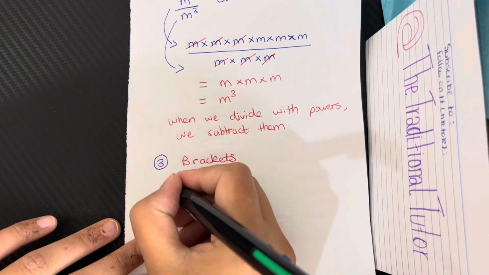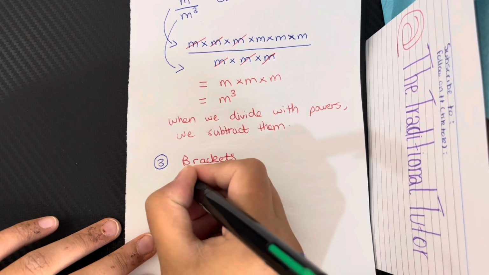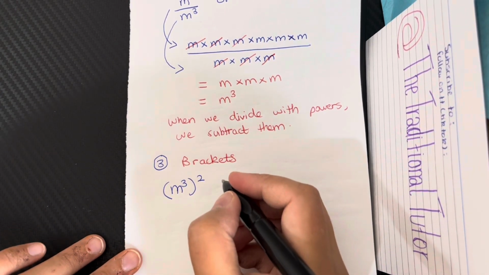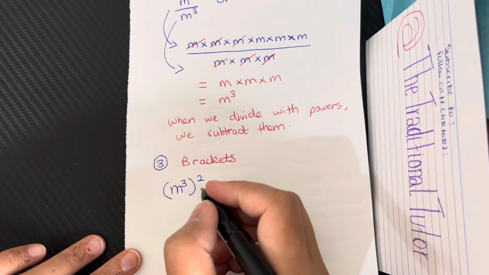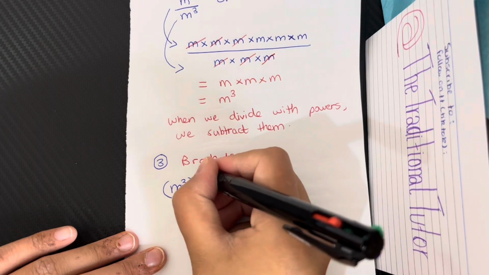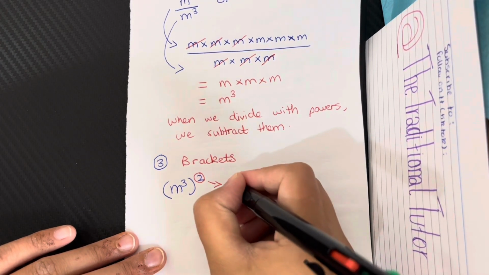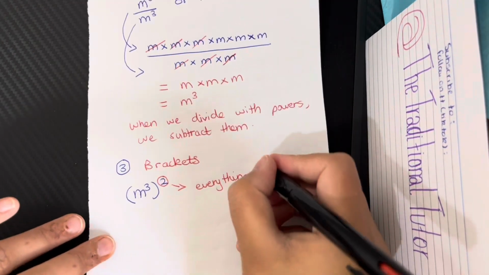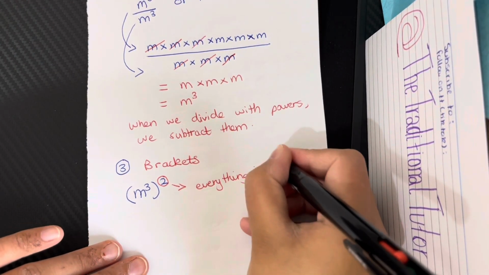So this means that when we've got a question like m cubed all squared, an important point about the square bit is that it means everything inside your bracket is being squared.